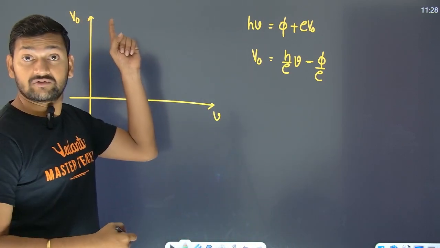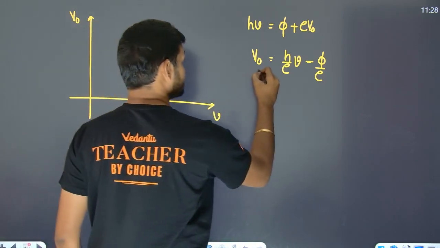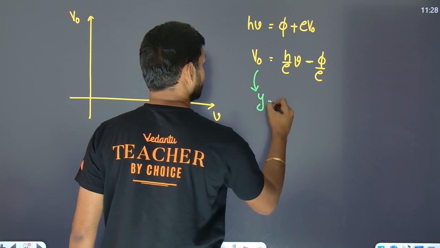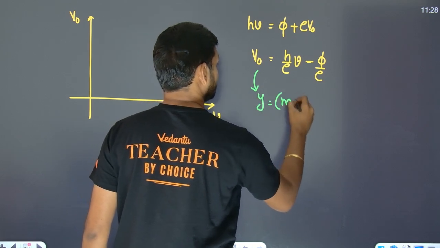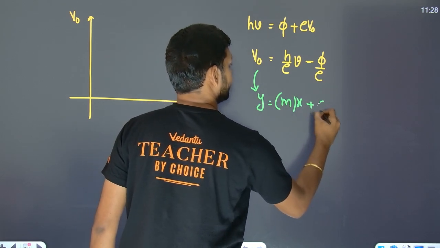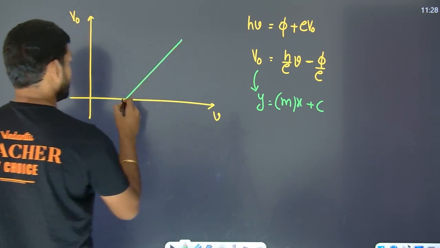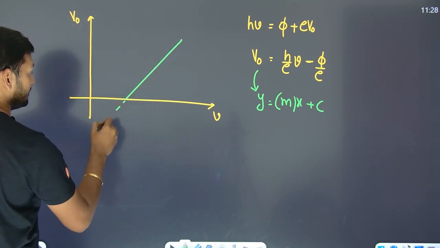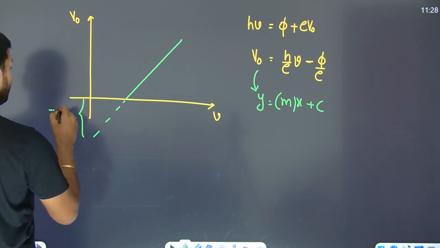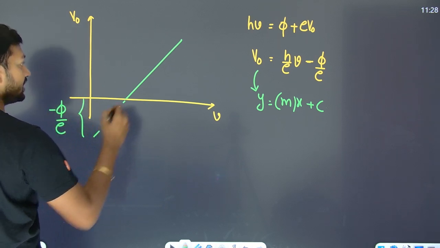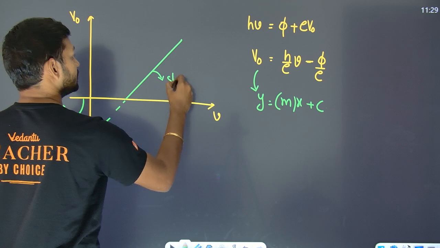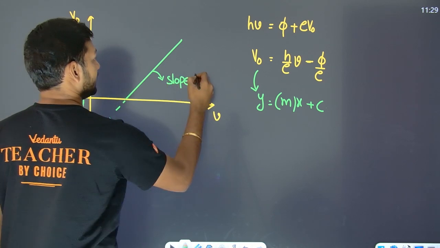V naught is plotted on y-axis. For better understanding, whatever is plotted on y-axis, you write it as y. So y is equal to mx plus c. So it should be a straight line. How is that straight line? Like this. So who will decide this intercept? The negative intercept depends on the material. And what about the slope? The slope is h by e.